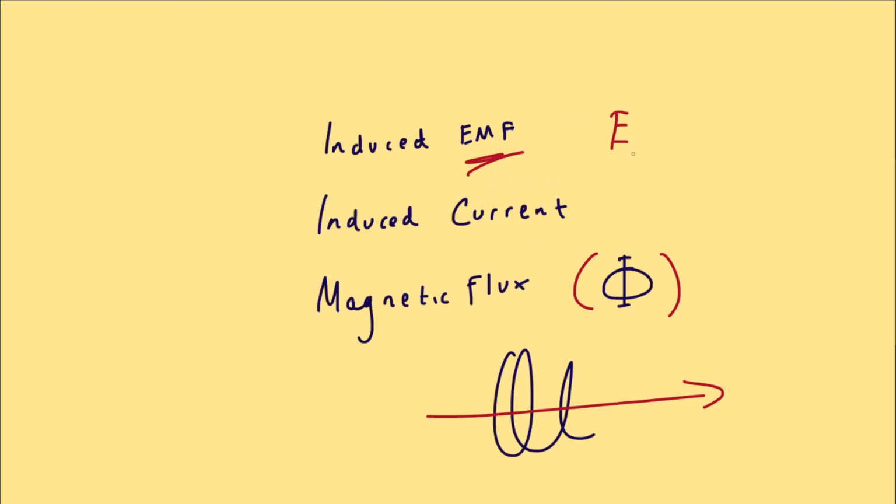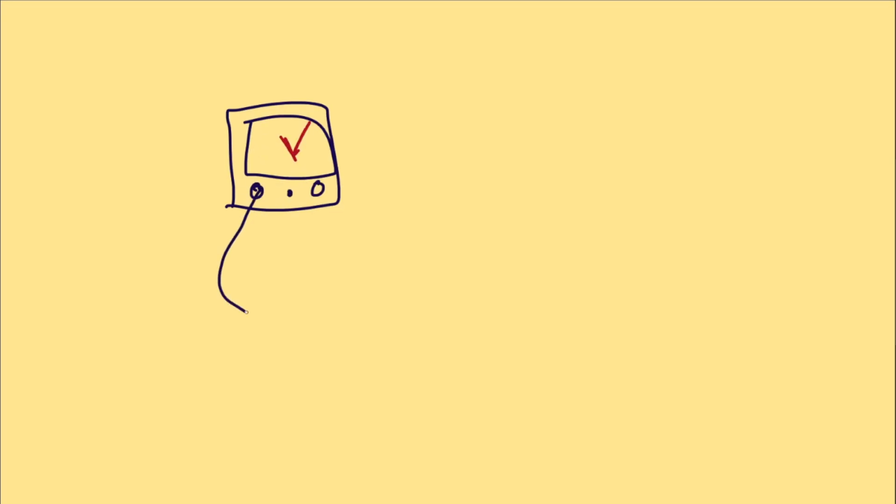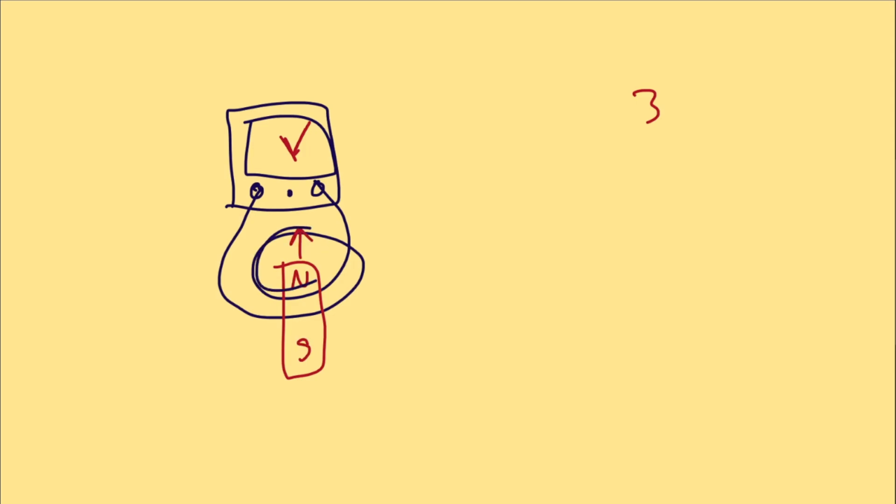Let's break down what happens when you move a magnet near a coil. So say we have a galvanometer again, telling us the amount of current. And plugged into this, we have a loop of wire. There are 3 stages that we're looking at. First, we move our magnet up through this loop. So the magnetic field might look something like this.